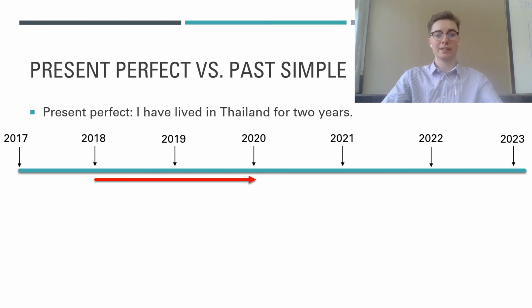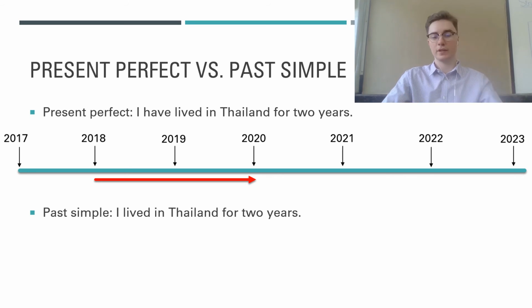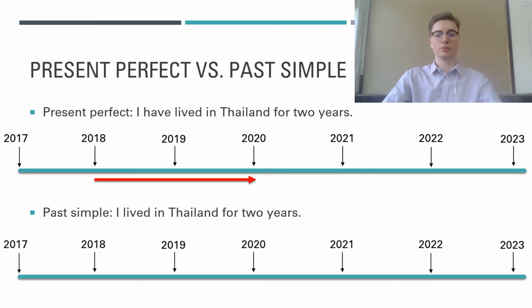Okay? Now let's compare that to past simple. So if I said, I lived in Thailand for 2 years, I do not live here now. Okay? So, where would the arrow go for this one? The answer is here.